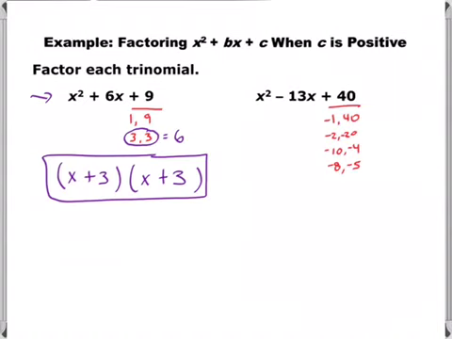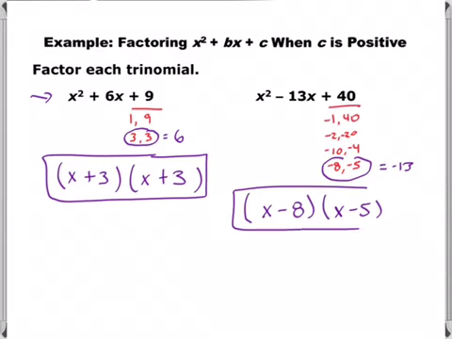The factors here that add together to give you -13 would be -8 and -5. So we create our two binomials. We end up with x minus 8 and x minus 5. And so these are the binomials that create that trinomial.